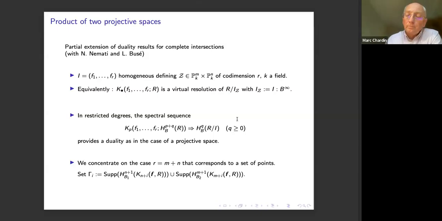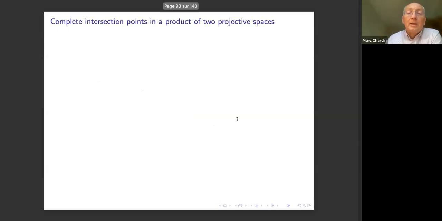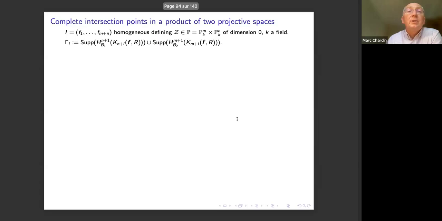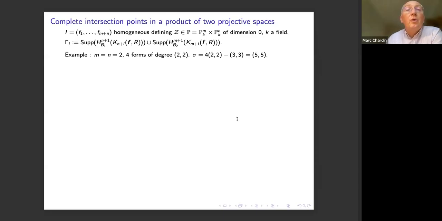Okay, so let me just show what it looks like. So we have this thing. Okay, just recall what is there. And I will take an example. We look in P2 cross P2, so m equal n equal 2, and it's of dimension 4, and we take 4 forms of bidegree (2,2).